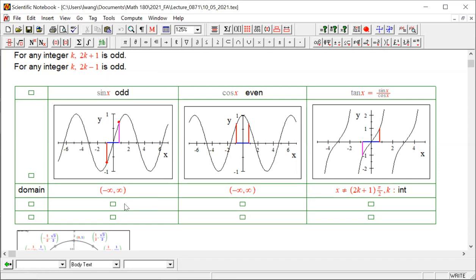The algebraic form of sine: because it's an odd function, sine of negative x is equal to negative sine x. And there's another form, sine x equals negative of sine of negative x. Either form may be used.